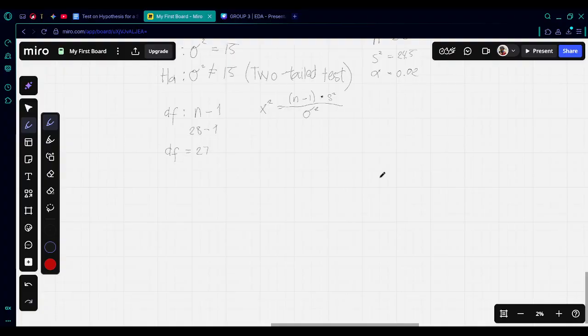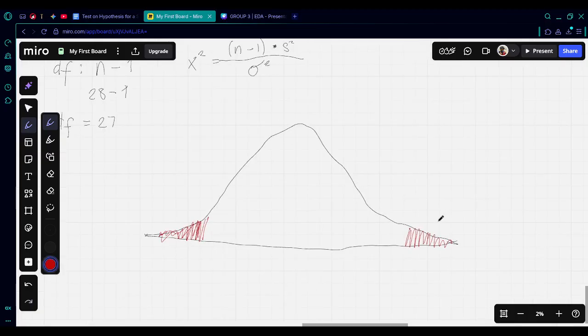So since we have a two-tailed test, let me draw it. Let me make it clear. So since this is a two-tailed test, going back, we have here our rejection region, which is 0.05 as stated in the problem.